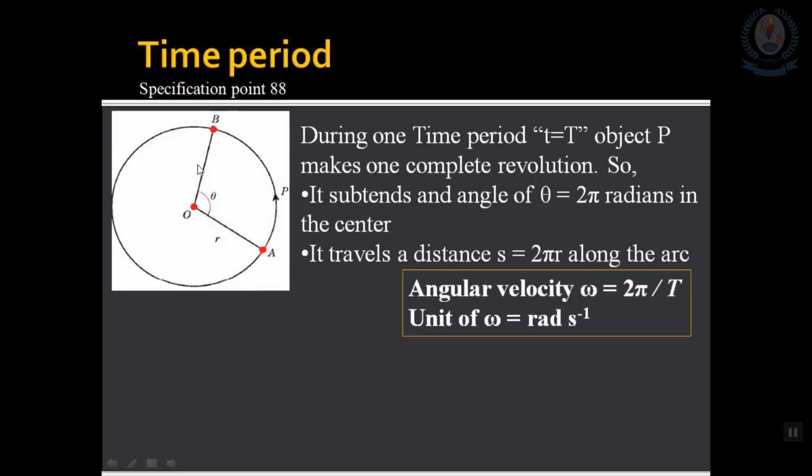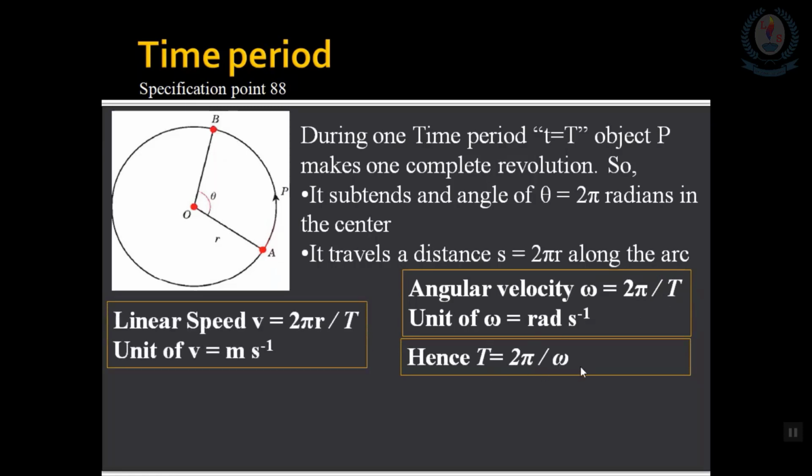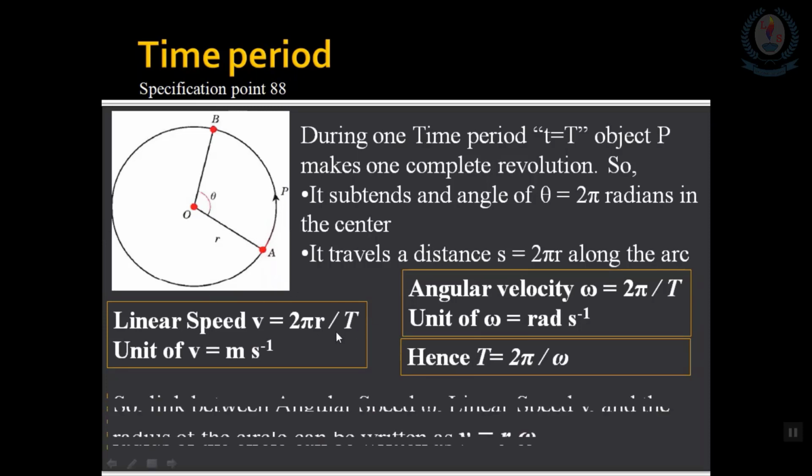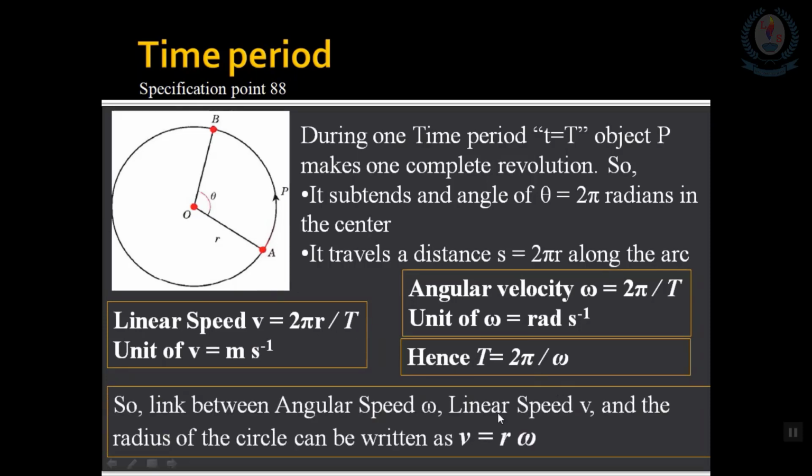As it subtends an angle of 2 pi radians, angular velocity can be stated as 2 pi over capital T. And hence capital T is equal to 2 pi over omega. And linear speed can be calculated by the distance, circumference 2 pi r, divided by time taken, that is time period. So the link between angular speed, linear speed and radius of circle can be written with the help of these two equations, which is v equals r omega.